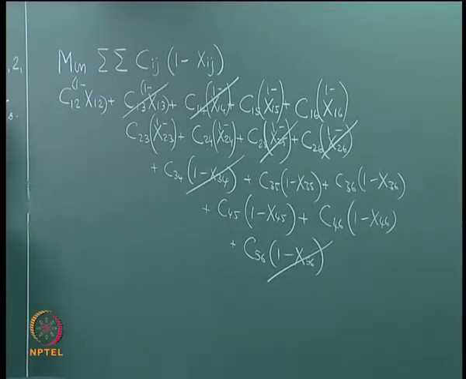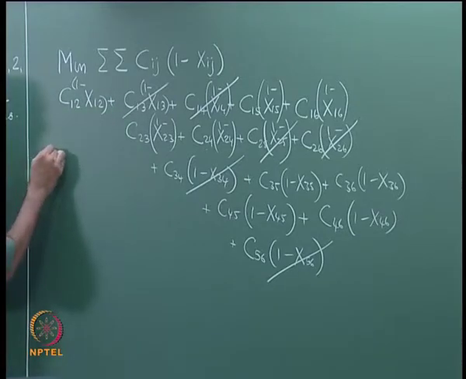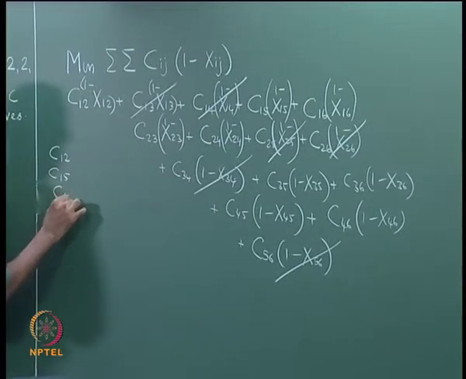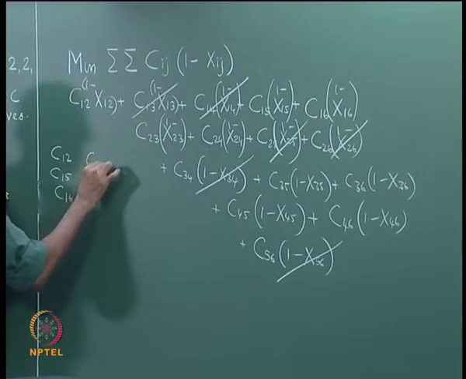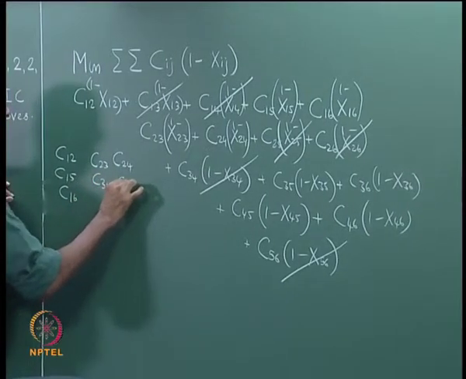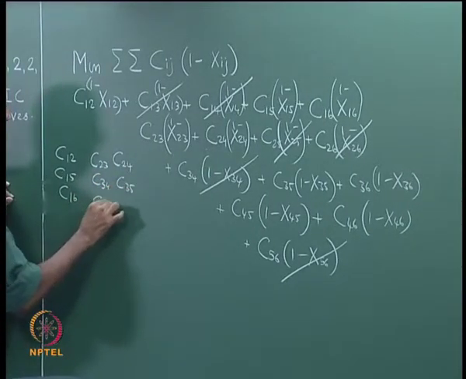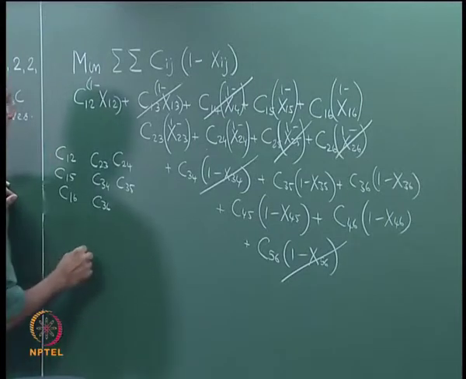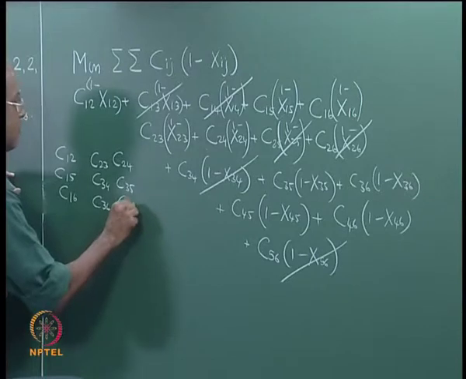So in order to find the objective function value, we need to look at C12, C15, C16, C23, C24, C35, C36, C45.